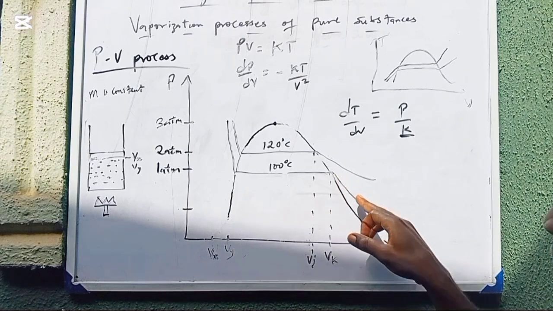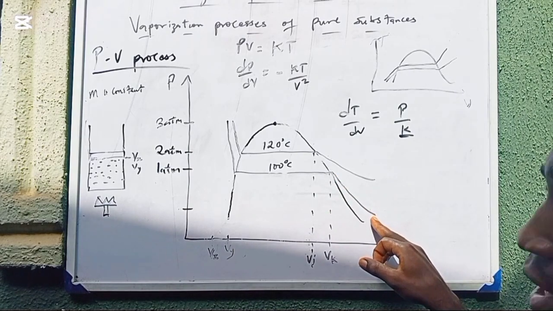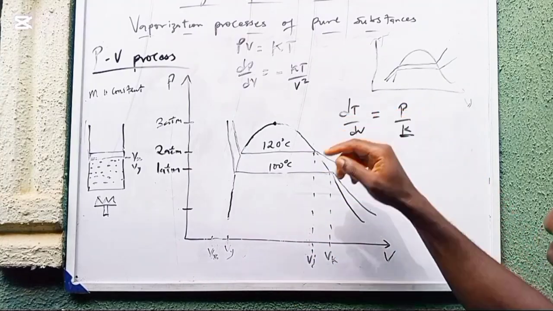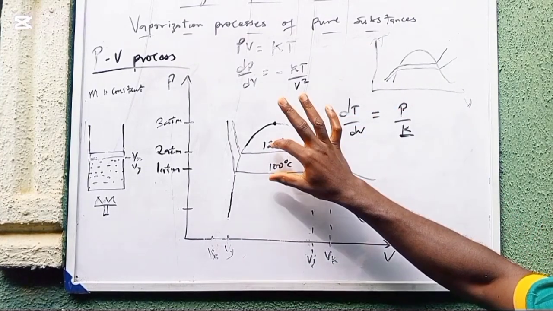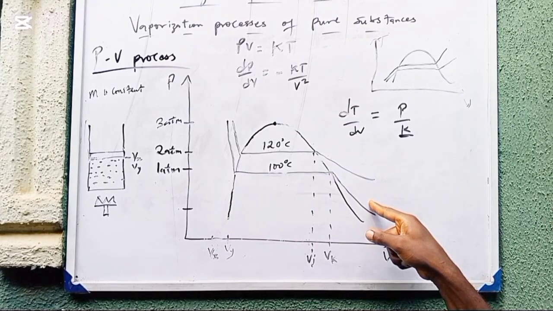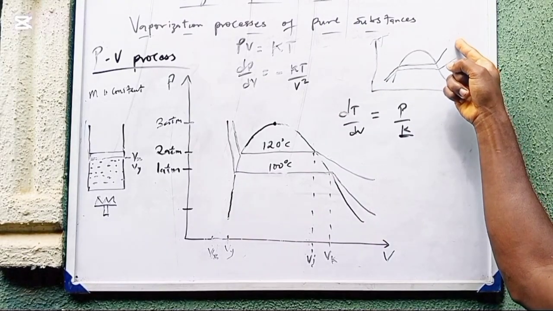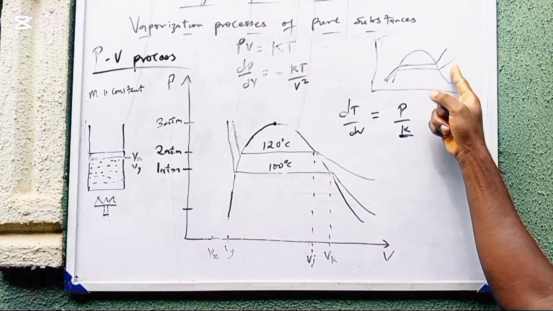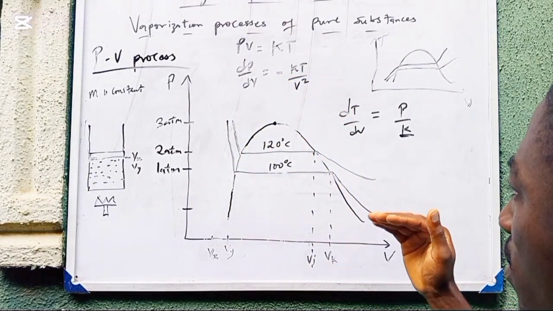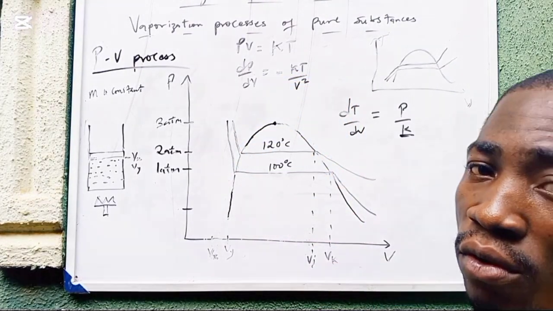This one has a greater slope, which is still negative. So when you look at these two things, it is just like flipping the graph. When you flip, you will notice that the one that has a greater slope is now the one up, and the one that has a lesser slope is now the one below. So that's how this formula explains the difference in slope on the vapor region.